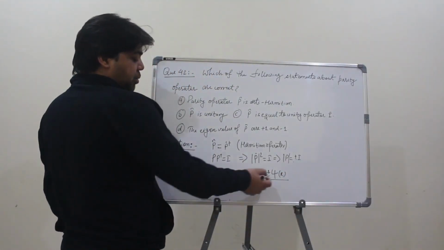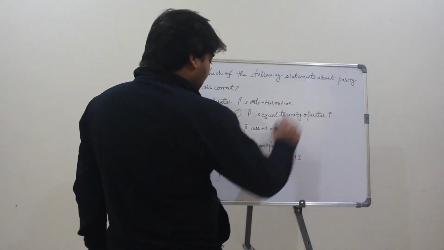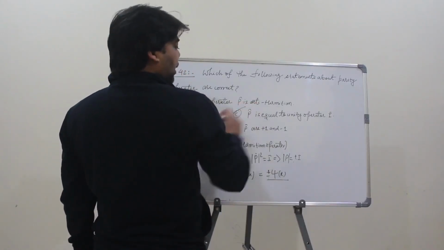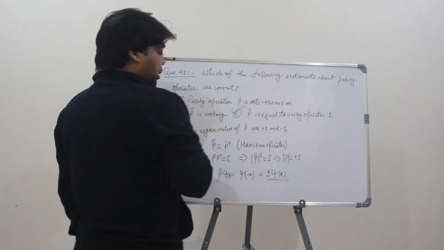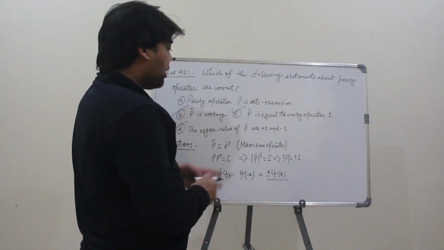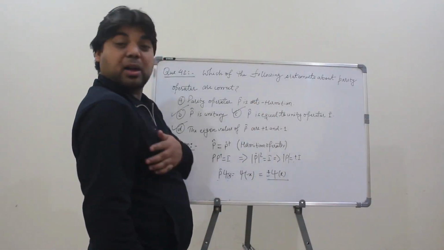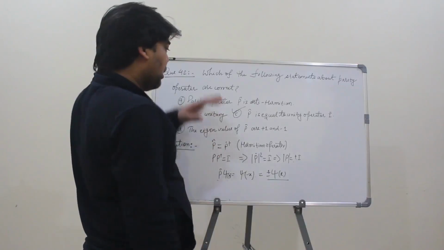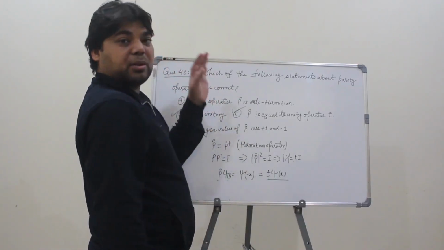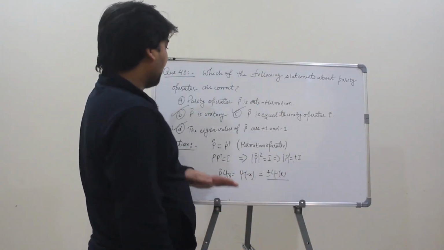So P psi equals lambda psi, where lambda is plus or minus 1. The properties which are correct are unitary, equal to unity operator, and the eigenvalues of P are plus minus 1. It is not anti-Hermitian, rather Hermitian. These are some of the properties of the parity operator, and if any of them come in the exam, you will be able to answer it.